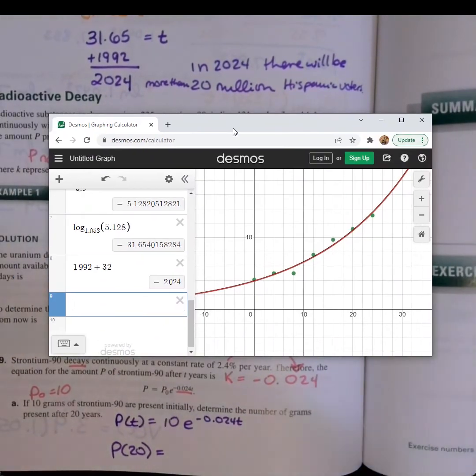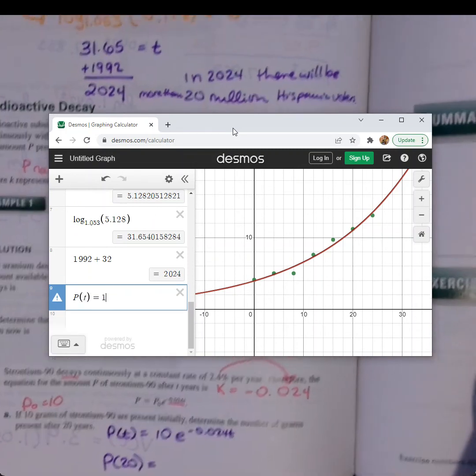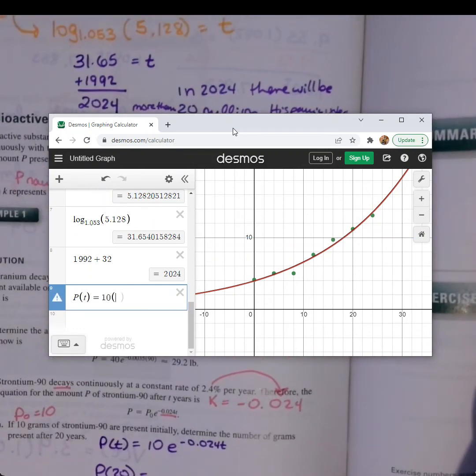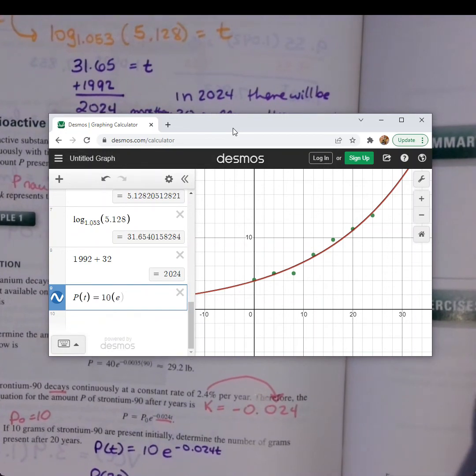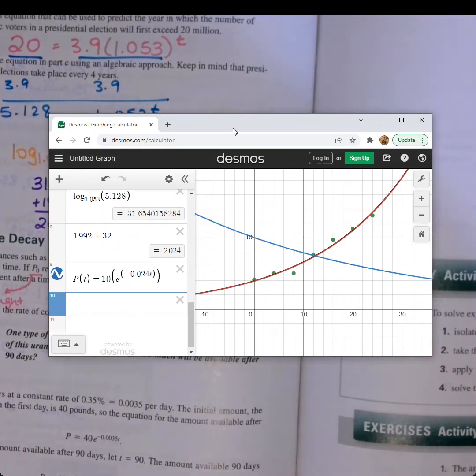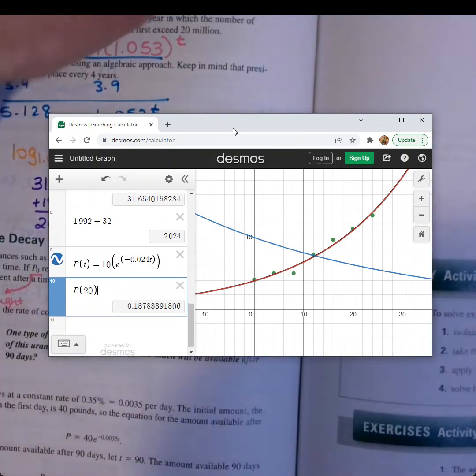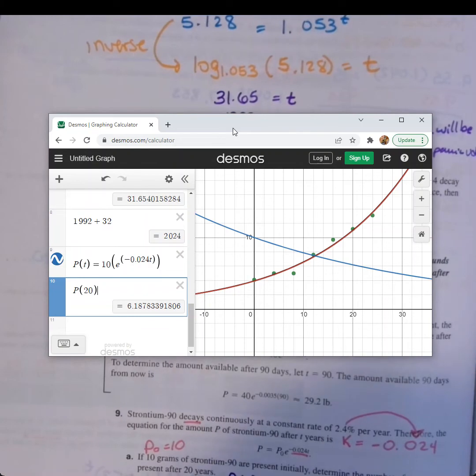First, I need my equation. P of t equals 10 times e to the, I've got to move my book out of the way. There we go. Negative 0.024 t. Okay, so P of 20 is going to be 6 and some change.